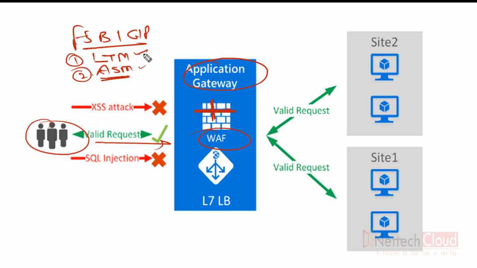So what happens in F5 BIG-IP? If there is an ASM policy, it means the ASM blade is also provisioned and activated with LTM.